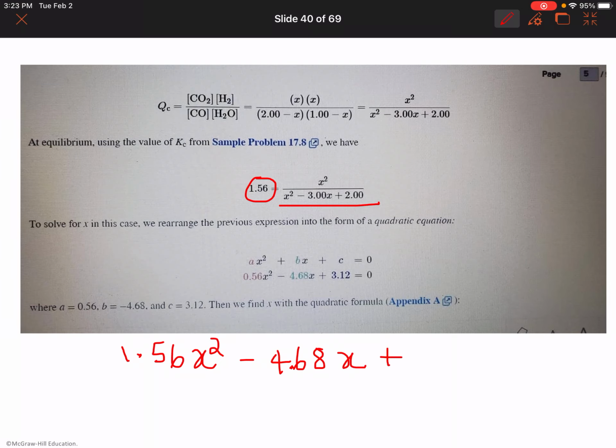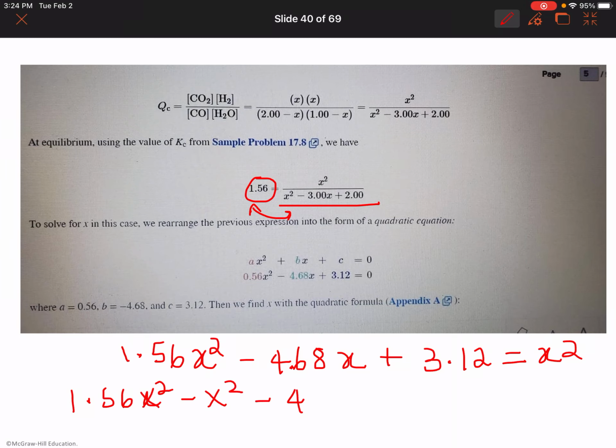Plus 1.56 times 2, 3.12, equals x squared. So basically you are multiplying these two, equals x squared. Then you take 1.56 x squared minus x squared minus 4.68x plus 3.12 equals 0.